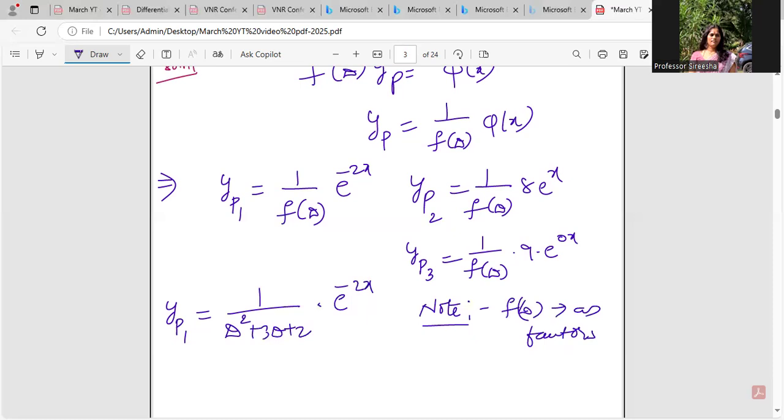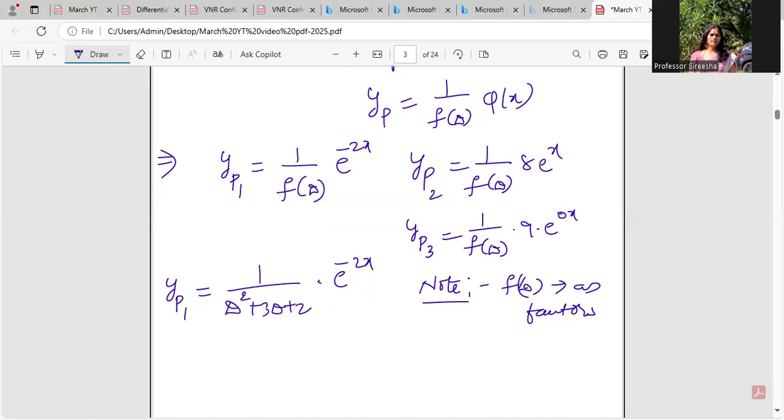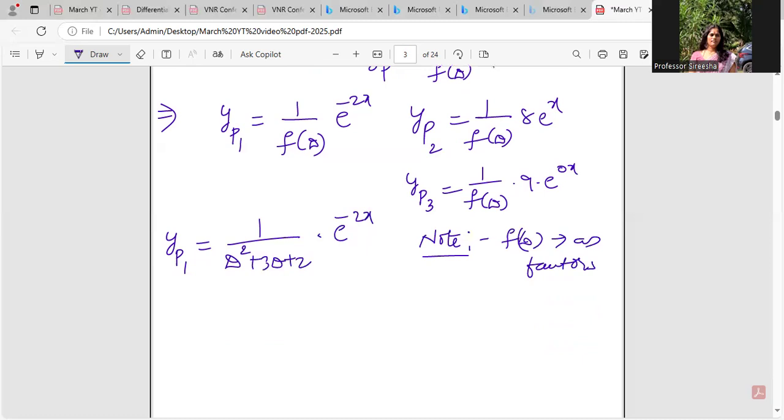Always make it a point to write this, because for whichever one it is becoming 0, that number would be a root of the equation. If it's a single root, I'll replace by x. If it's a multiple root of multiplicity k, then I'll replace by x power k by k factorial. So I hope I'm clear. Always make it a point to write the factors.